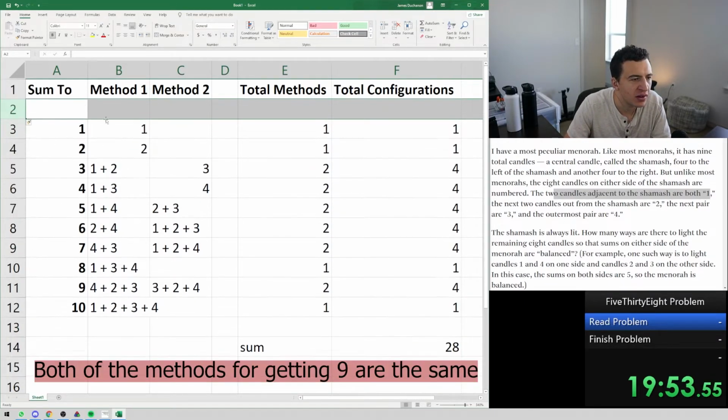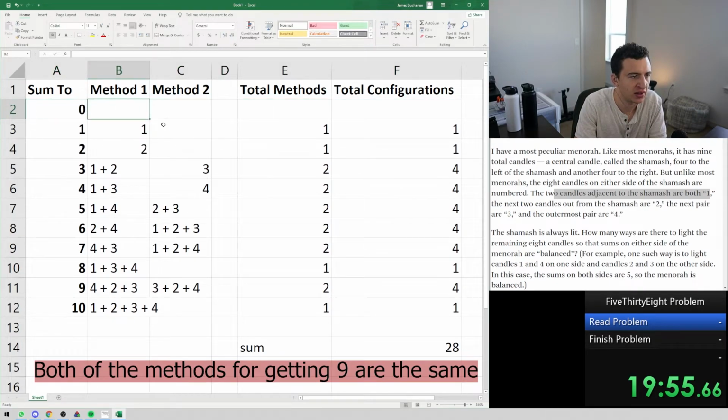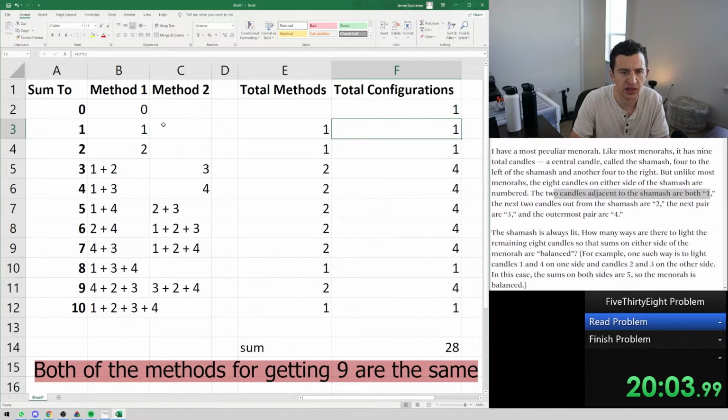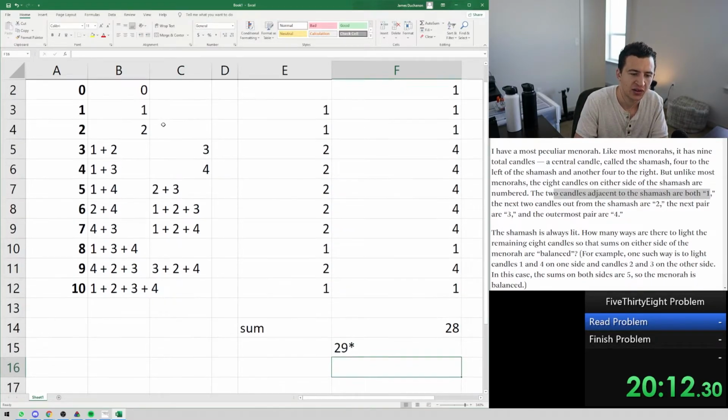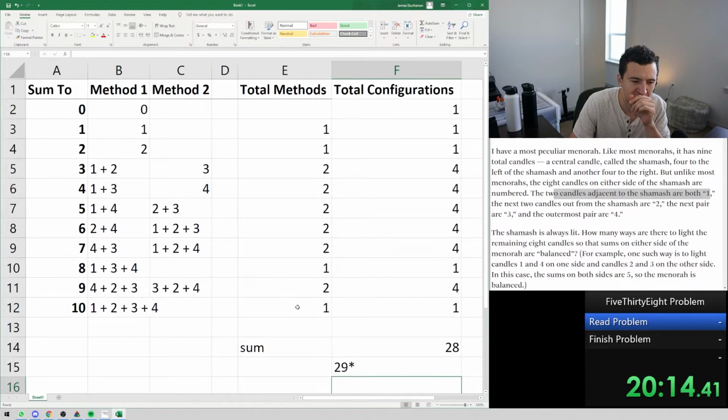And you guys tell me if this is valid. 0. And so I think with 0, there's one way to get there, which is don't light anything. Does this count? Does this not count? I don't really know. 29 with an asterisk. You guys can decide if you think that is appropriate.